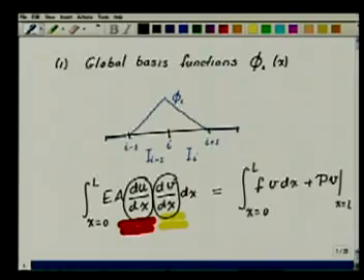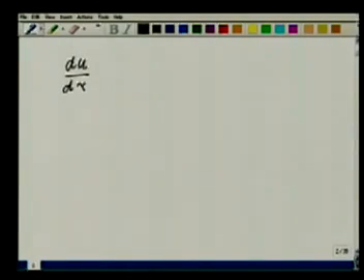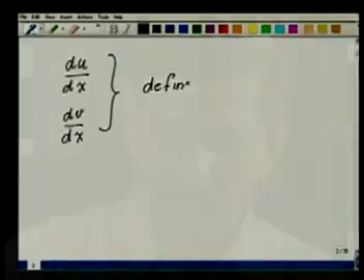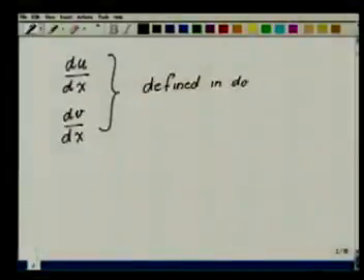So what we want is du dx and dv dx should both be defined in domain omega or I.